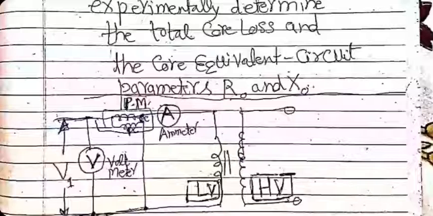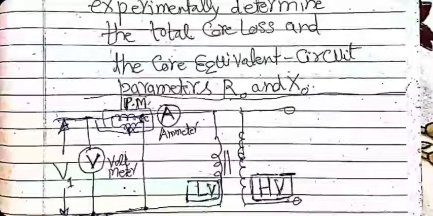Since output or HV winding is open, not much power will go in. Whatever power is going in will actually be the core loss. That's it. So reading of the wattmeter or power meter will simply give you total core loss.